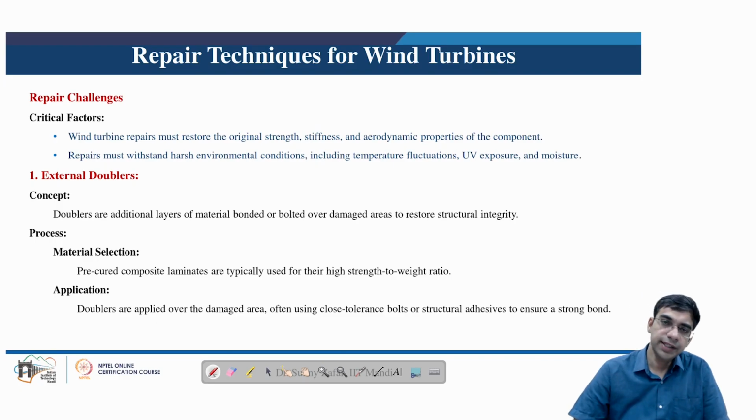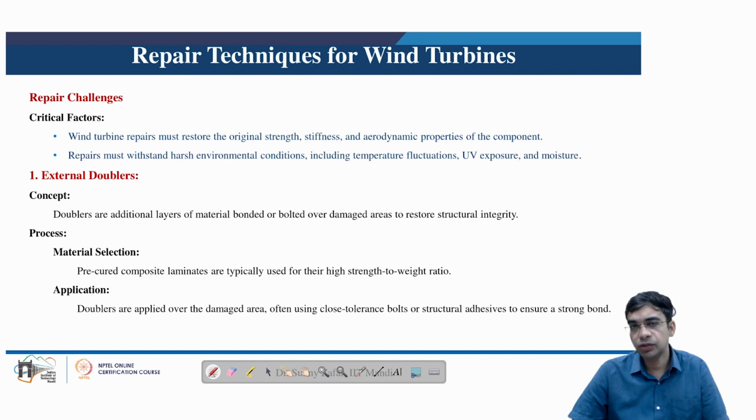There are several challenges in blade repair on the wind turbine. These challenges include the critical factors that wind turbine repairs must restore the original strength, stiffness, and aerodynamic properties of the component.